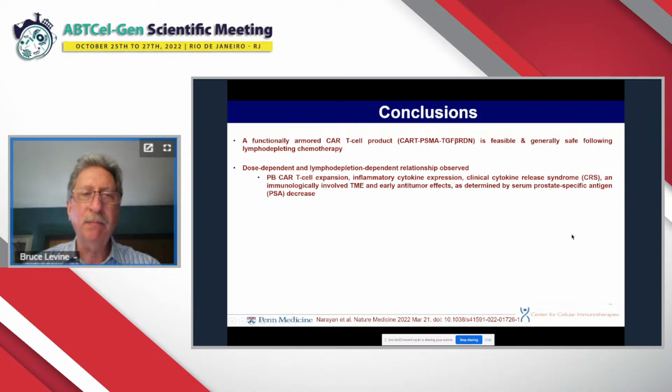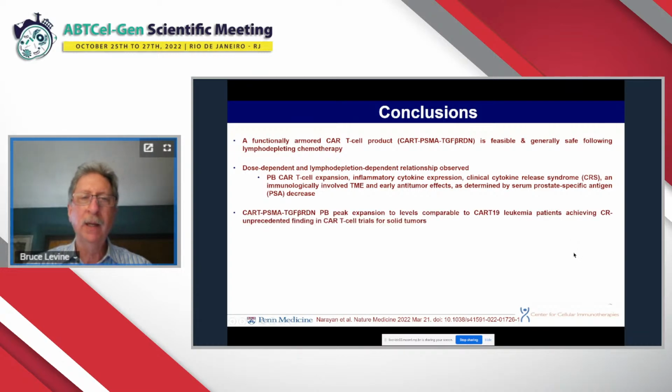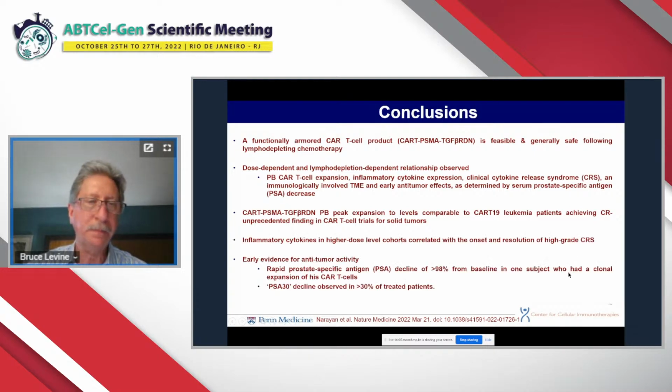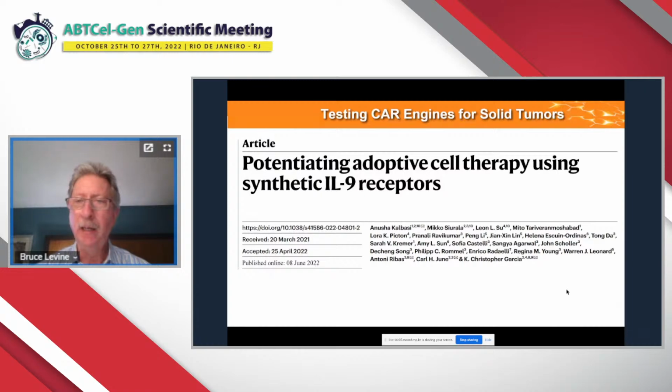There is a dose-dependent and lymphodepletion-dependent relationship between expansion and inflammatory cytokine expansion and cytokine release syndrome. And the peak levels in the blood are comparable to what we see with CAR T cells targeting CD19. So we have early evidence for anti-tumor activity. We have a PSA 30 decline observed in about a third of the patients.